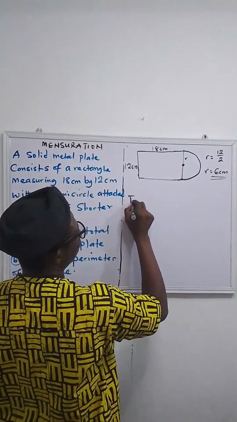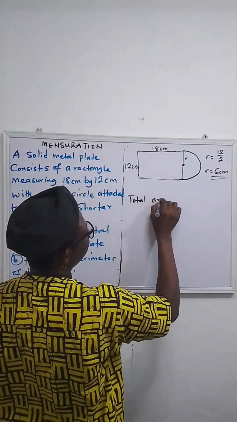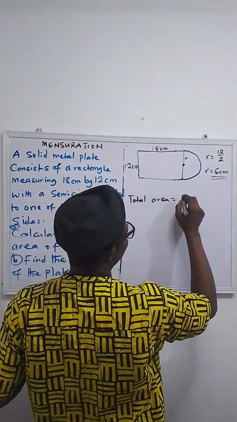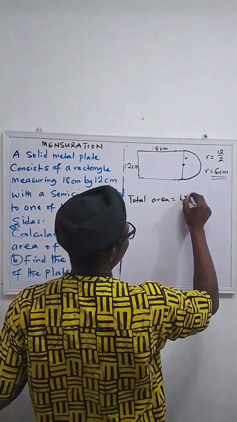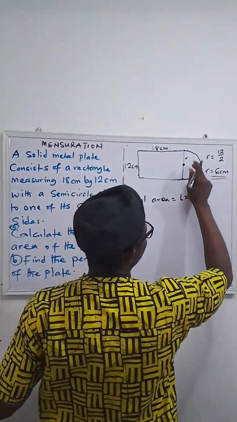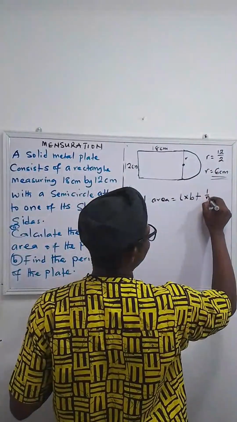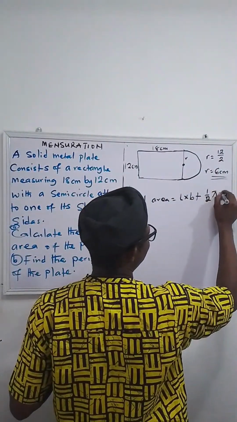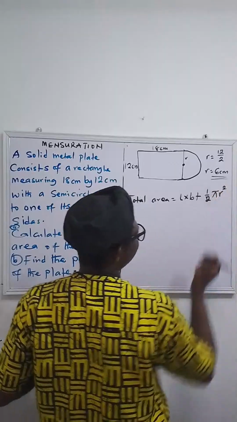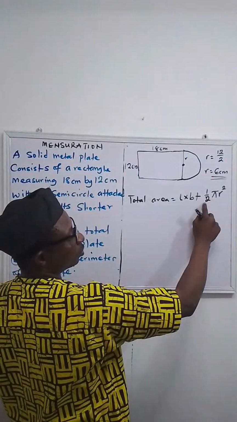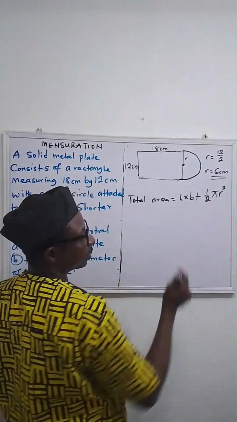Okay, good. So now let us add everything together. The total area is the area of the rectangle, that is length times breadth, plus the area of the semicircle, that is half of the area of the circle, half pi r squared. This is the area of a circle, pi r squared, so the semicircle is going to be half of it.